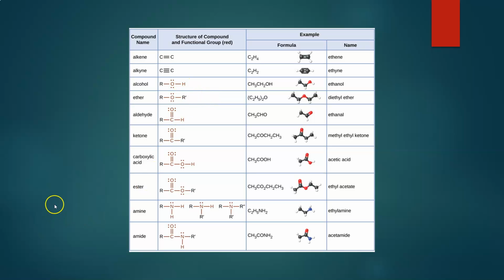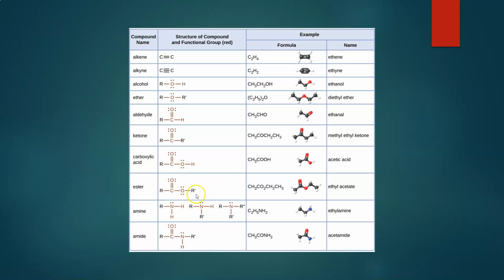So, in the class of today, we studied the alkanes, the alkenes with double bond, alkynes with triple bond, the alcohol with the OH group, the ether that contains an oxygen between two atoms of carbon, the aldehyde with this functional group, and the ketones with a carbonyl group between two atoms of carbon. The carboxylic acid contains a carbonyl group and an OH attached to the same atom of carbon.